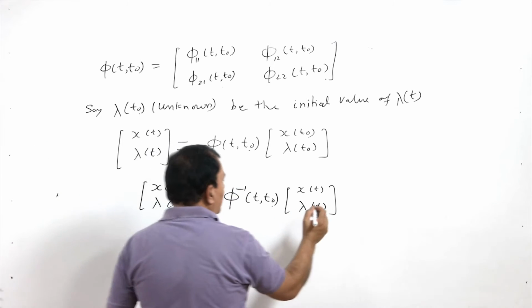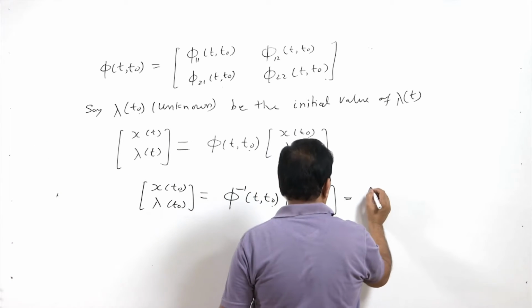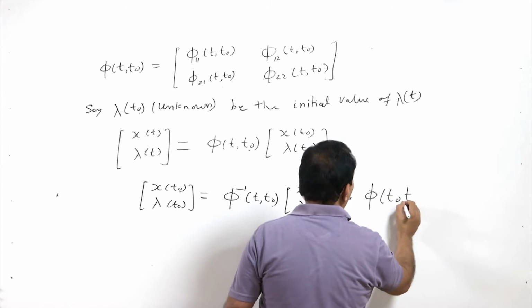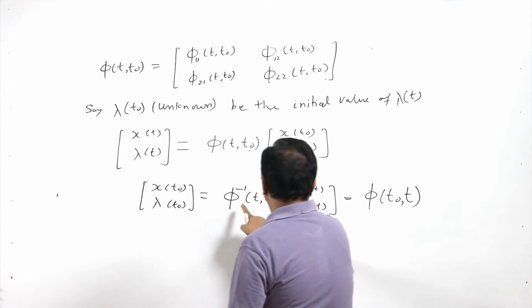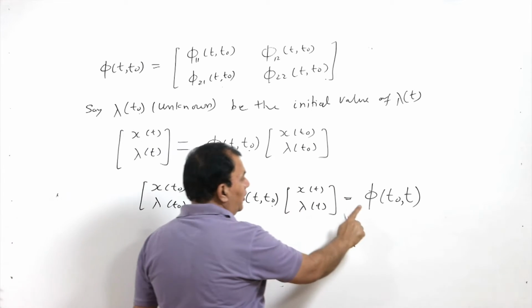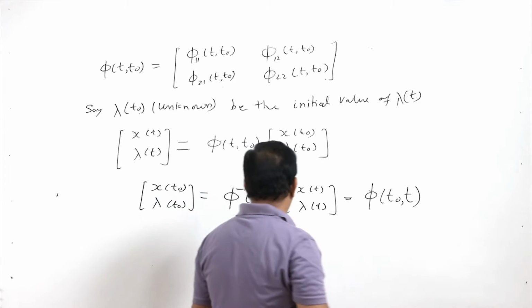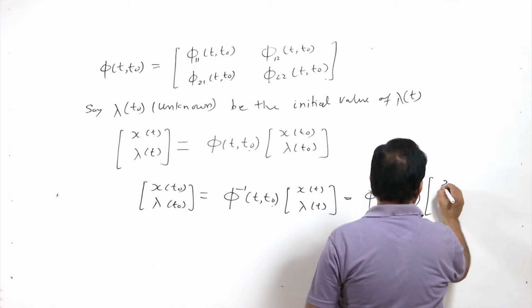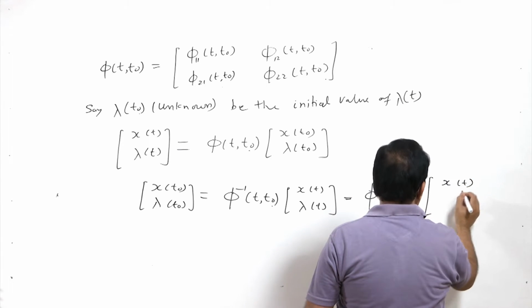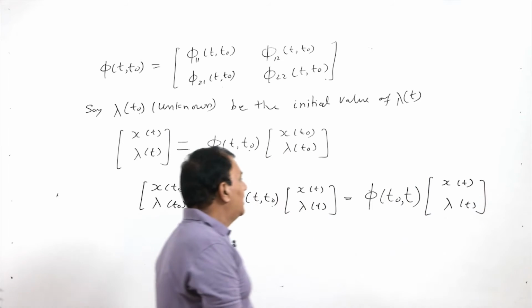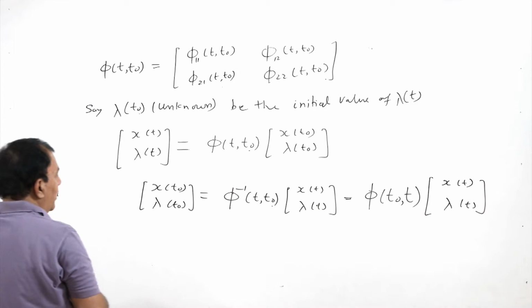And phi inverse t, t0 I can write as nothing but phi t0, t. So, this is the identity of the state transition matrix: phi inverse t, t0 is phi t0, t, which I can write in terms of x t, lambda t.